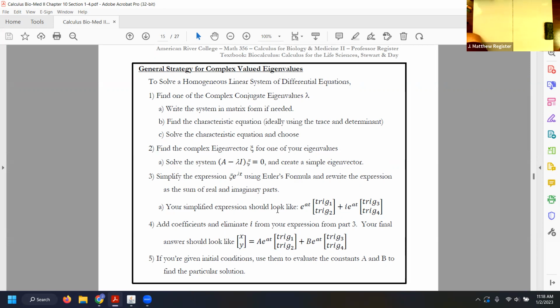And so your simplified expression should look like e to the at, and then a vector with trig components, and then i e to the at, and then another vector with trig components. Once we do that, we bring the coefficients back in. And so we will have a times this first term and b times this second term, and that will be your general solution.